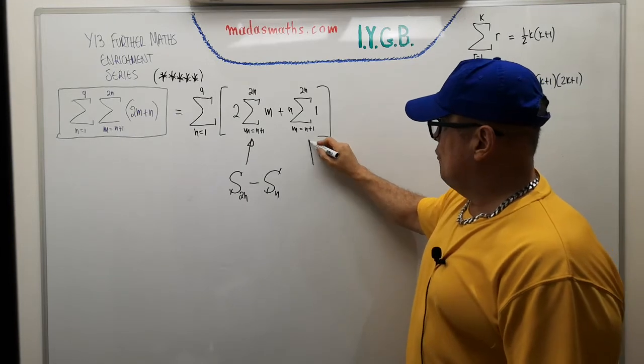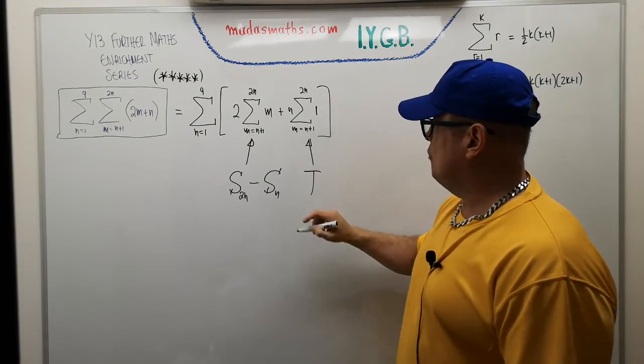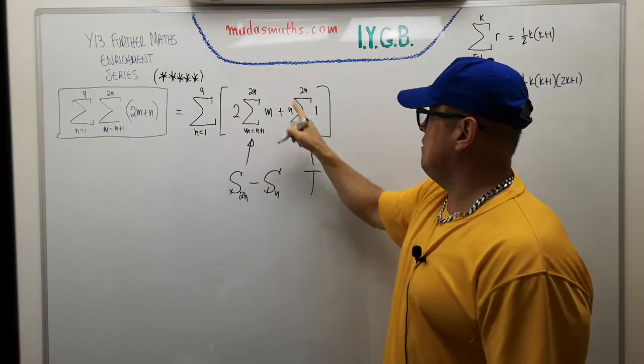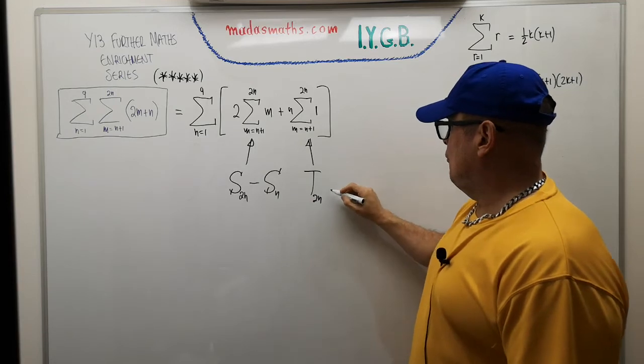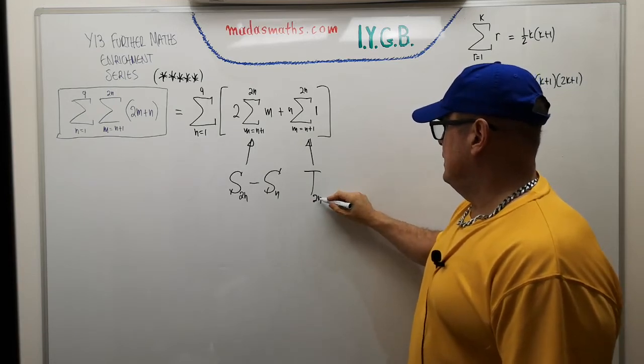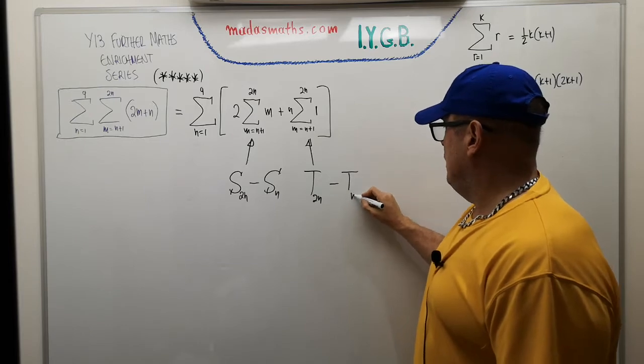And similarly for this particular one, whatever this sum is, let's call it t so we don't confuse. This is the s I'm using for this and capital T for that. It'll be the lowercase t of 2n minus capital T of n.